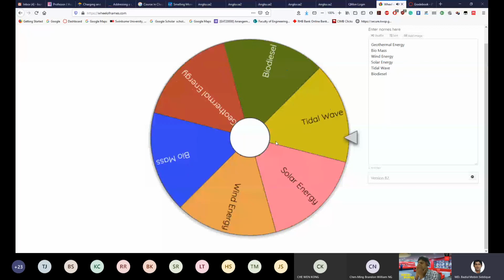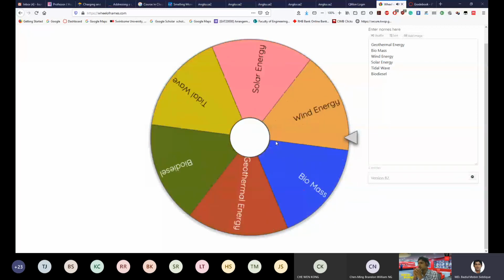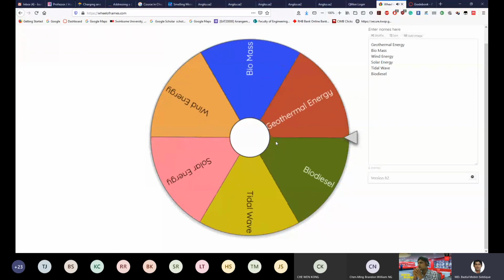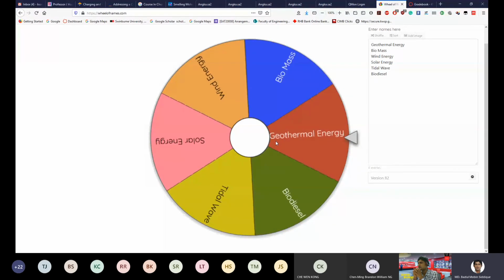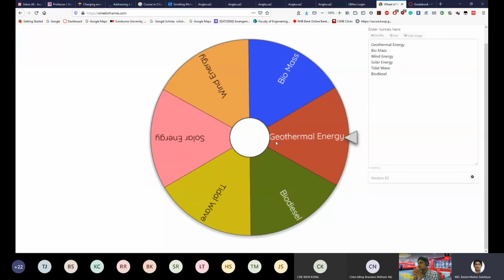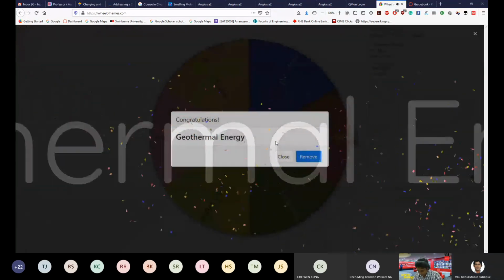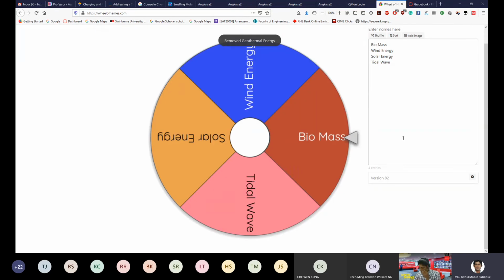My hands are here. Geothermal. Group 8 is geothermal. I remove it from there.